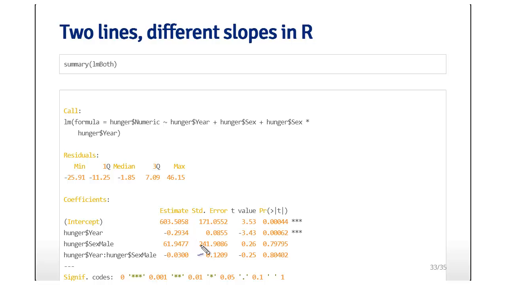And then -2 and -0.03 are the change in the slope between genders, so our new slope for males would be the sum of those two.